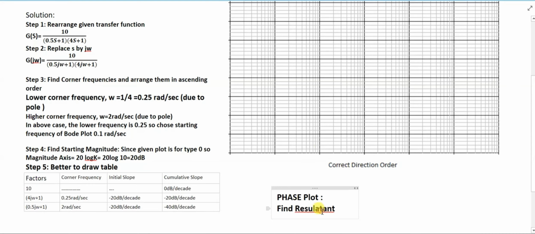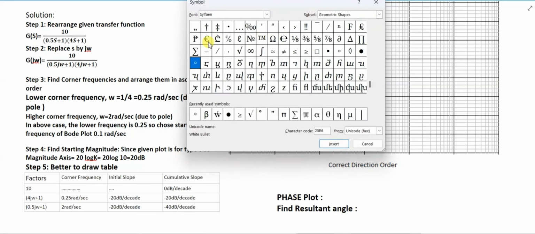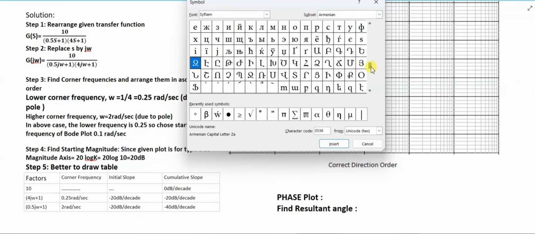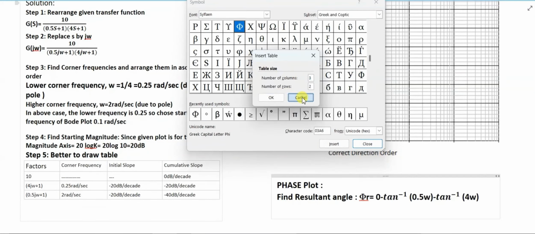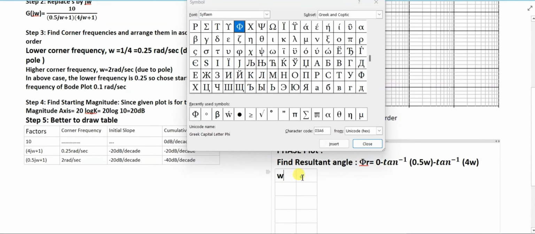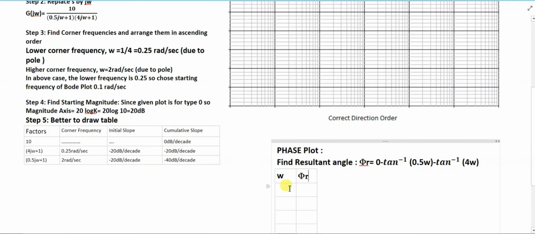And the next task is to initiate the phase plot. For the phase plot, you need to find the resultant angle, and for the resultant angle all you need to remember is tan inverse imaginary upon real. For the given transfer function, our initial factor is constant, which is 10, so there is no imaginary section, that's why it became 0.